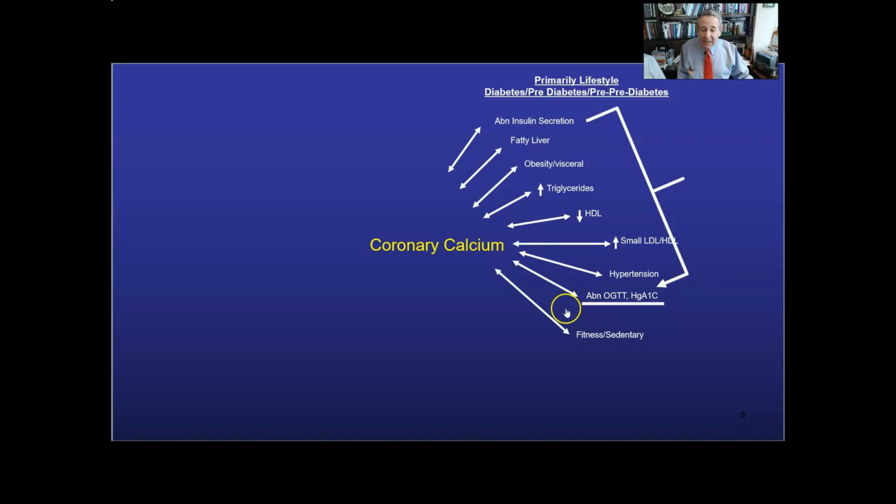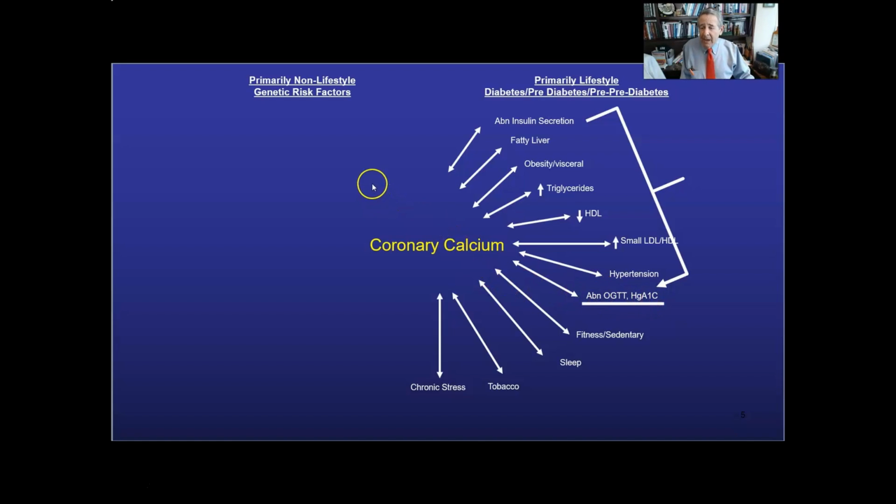And we know fitness, sedentary behavior, sleep, tobacco, chronic stress all contribute to this. But it all starts many, many years before the blood sugars are abnormal.